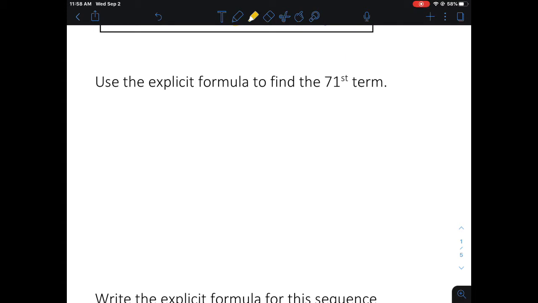Let's try that again for the 71st term. On the 71st day, how much money did you make? Again, everywhere we see an n, we plug in 71. So A sub 71 equals 7 plus 4 times 71 minus 1.